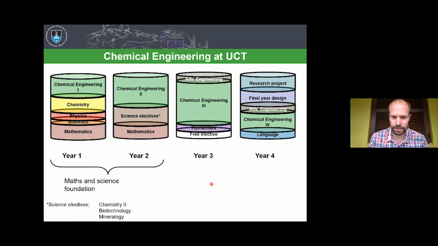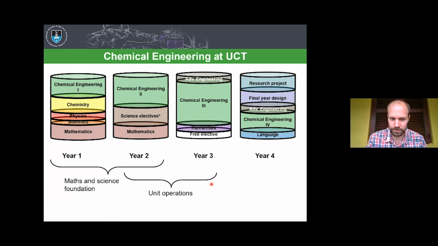And so how that all fits together is that, remember in the beginning we said you need to understand the science behind what you're handling. So that's what we do in the first and the second year, making sure that we've got that foundation right. And then we apply that in our unit operations. So once you understand the science, the physics behind what you're dealing with, you can actually start handling it.